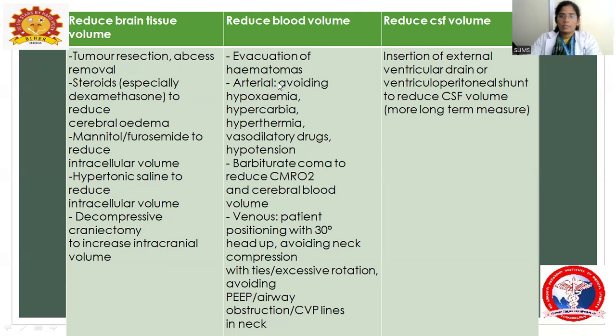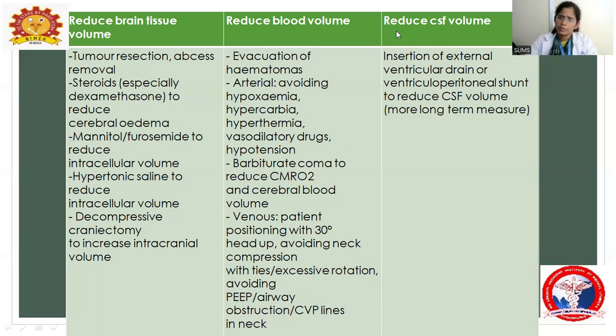On the arterial side, you should avoid hypoxemia, hypercarbia, hyperthermia, vasodilator drugs, hypotension, and use barbiturate coma to reduce the cerebral metabolic rate of oxygen. Because whenever there is a seizure, the cerebral metabolic rate will increase, which will result in an increase in cerebral blood flow. On the venous side: patient positioning with 30-degree head up, avoiding neck compression with ties or excessive rotation, avoiding PEEP or airway obstruction, and CVP lines in the neck.